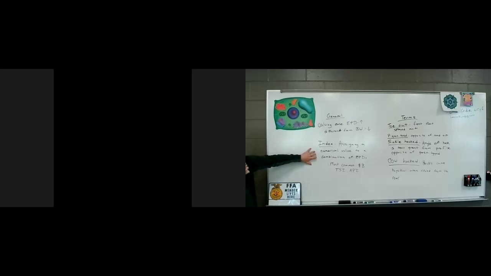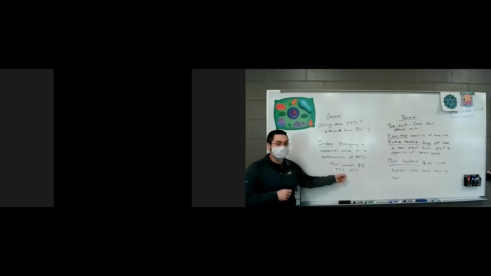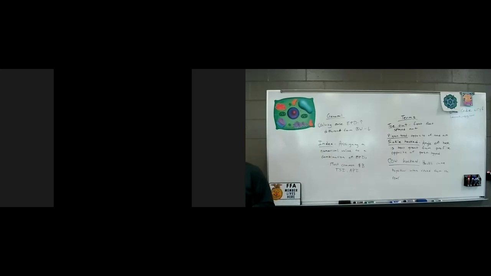Next thing we're going to talk about is our indexes. Yesterday, we briefly touched on TSI, which is Terminal Sire Index, which is what the Charolais breed uses in order to give you an idea of what kind of carcasses those animals are going to have. What indexes do is they basically give scores. They combine a number of different EPDs to spit out one number.